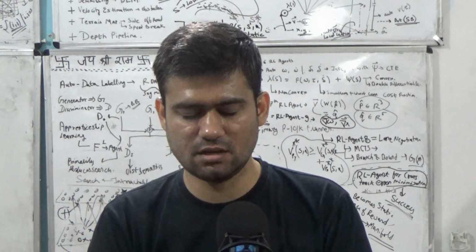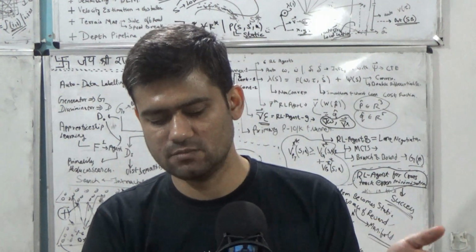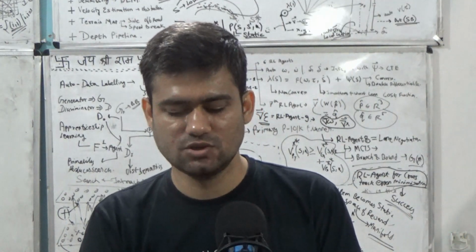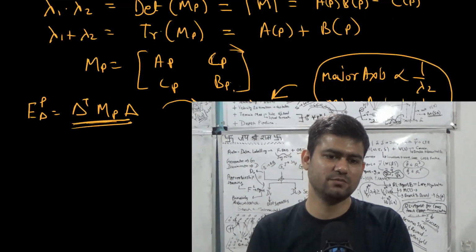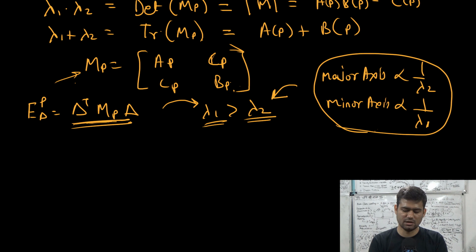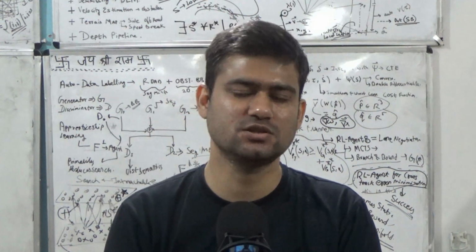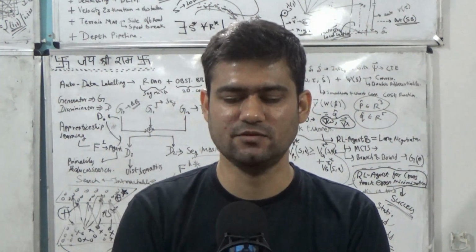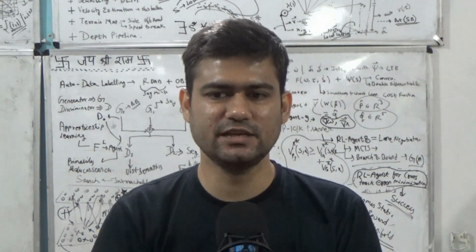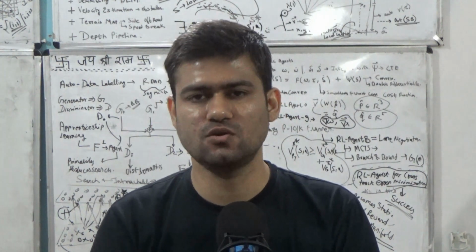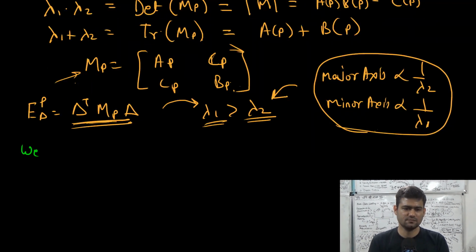This matrix MP is both symmetric and positive semi-definite, so both the eigenvalues are non-negative. The rotation of the ellipse is given by the eigenvectors of this matrix MP, and the lengths of the major and minor axes are proportional to the inverse of the eigenvalues. But to determine the corner score of any particular pixel P, we do not need the eigenvectors, we just need the eigenvalues.